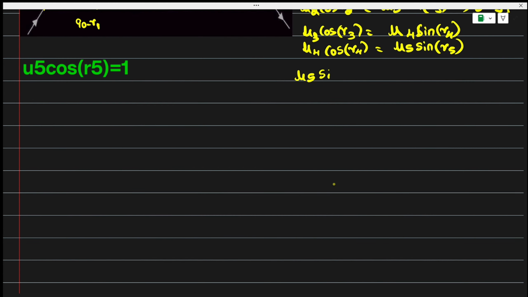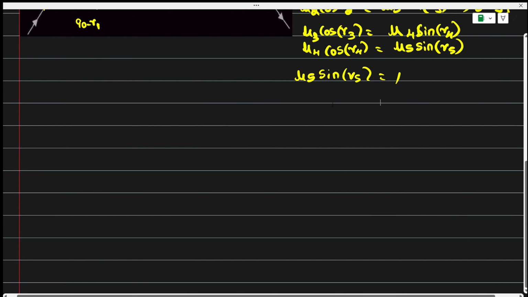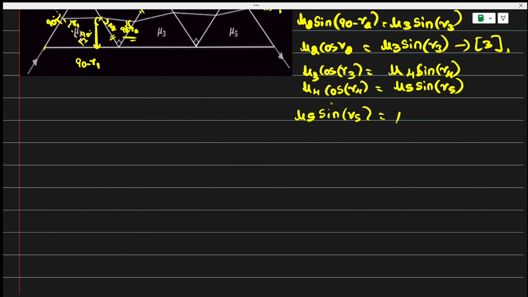Mu5 into sine r5 is equal to 1, because at this planar surface the light ray finally enters the air medium back and the refracted angle is again 90 degrees. So 1 into sine 90 degrees equals 1. Therefore this is equation 6, this is equation 5 and this is equation 4.